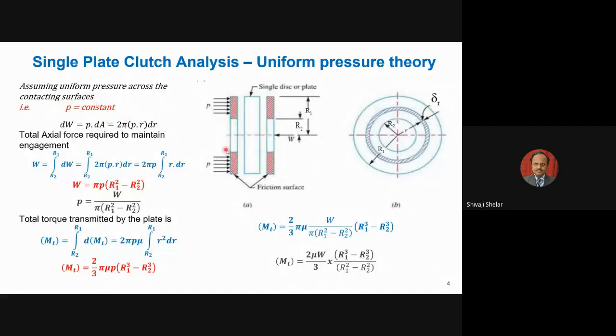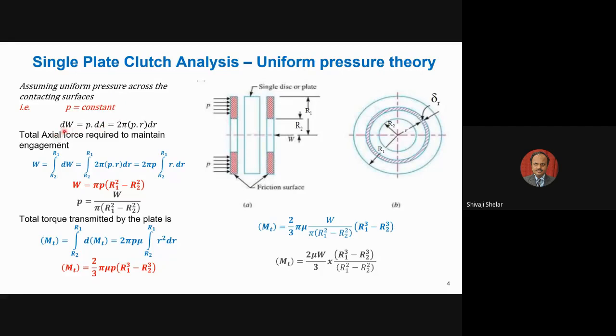Wherever the contact takes place between the pressure plate and the other driven plates, we assume that across that surface the pressure remains constant, that is, P is equal to constant. Now let's evaluate the axial force requirement when the pressure is constant.